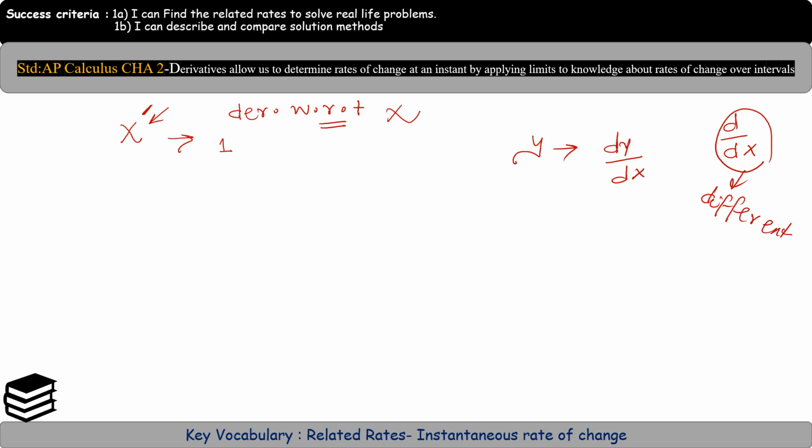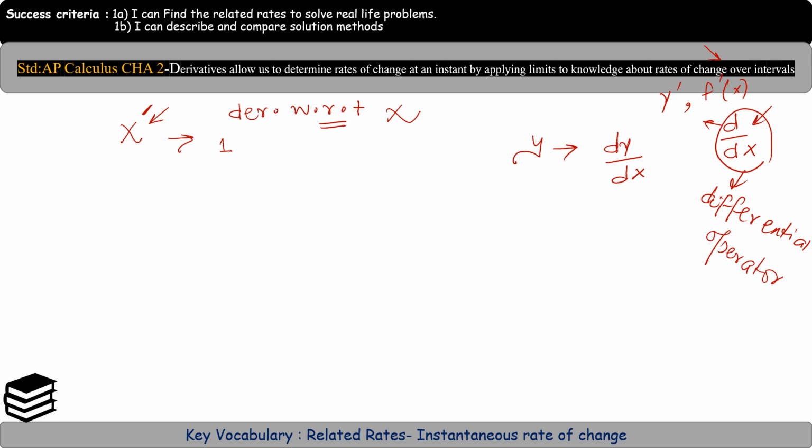If you remember, for the differential operator we use the symbol d by dx. Also, we use the symbol y prime, and sometimes f prime x, h prime x, k prime x, meaning the prime is actually the short form of d by dx.